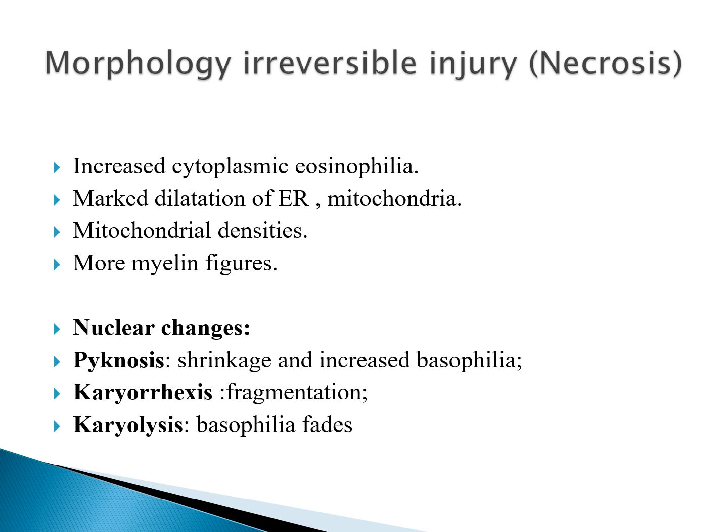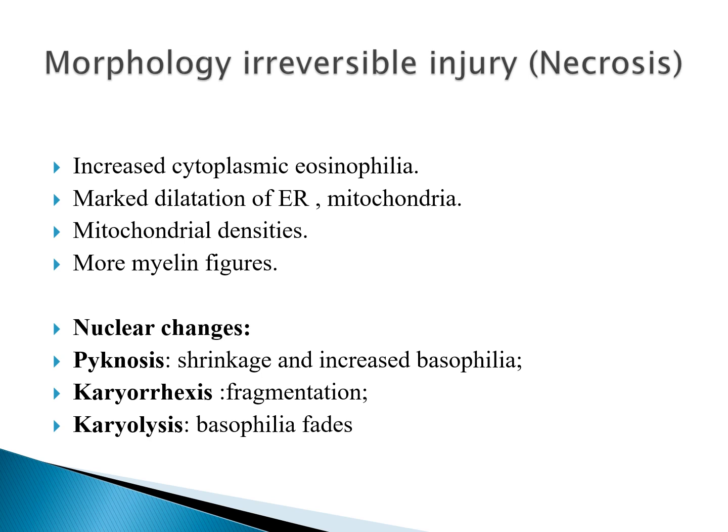بالإضافة إلى ال other changes اللي كانت موجودة في ال reversible injury, it will stay in the irreversible injury and it will be more severe, like marked dilatation of the endoplasmic reticulum, marked dilatation of the mitochondria with loss of mitochondrial and endoplasmic reticulum membranes, mitochondrial densities, more myelin figures will accumulate because of the more damage to the plasma membranes and organelle membranes.